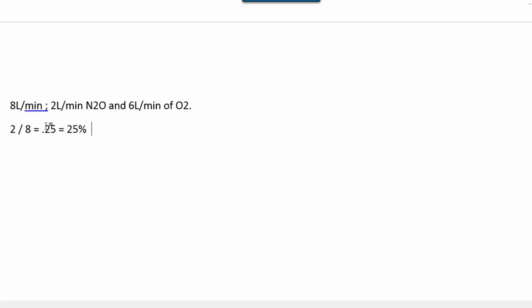So this patient had 25% nitrous oxide for however long they were given. Now to determine the percentage of oxygen that they received, you'd take your 100% and subtract your 25% nitrous, and that equals 75% oxygen.